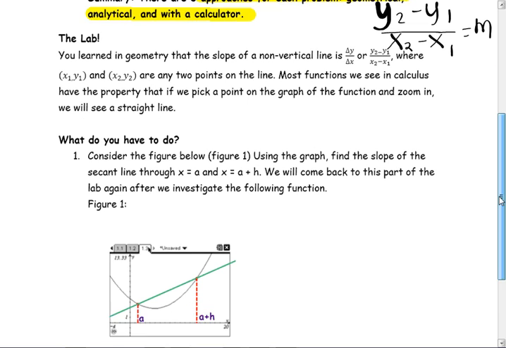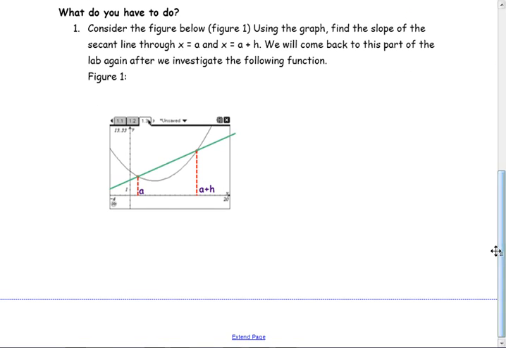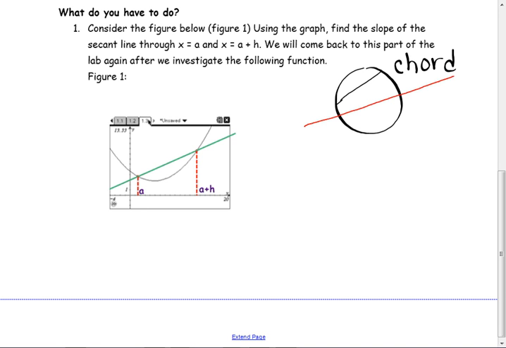So when I look at my graph here, let's go ahead and review for a second. Back in geometry, when you had a circle, and you drew this little segment, do you remember what that was called? No? Starts with C. It's a chord. If you drew a line that cut through the circle, that was called a secant.